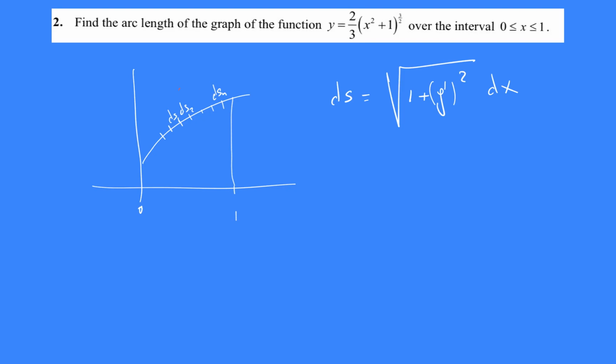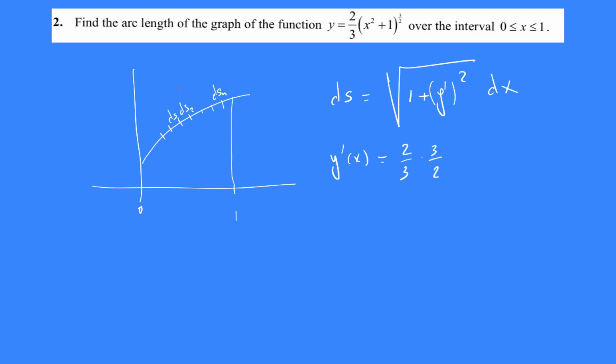And what is y prime? Y prime of x is the derivative of this function. So it will be 2/3 multiplied by 3/2, which would be 1. Let's write it. This 2/3 multiplied by 3/2.